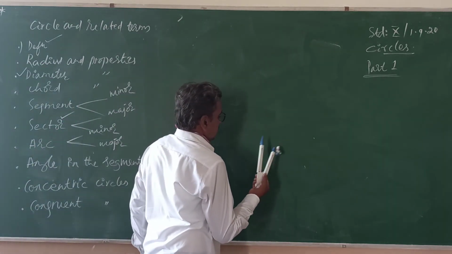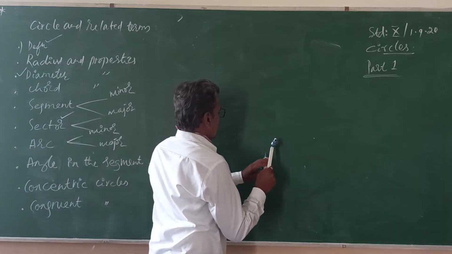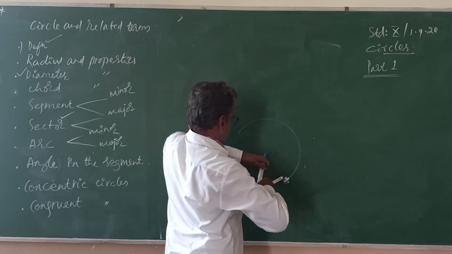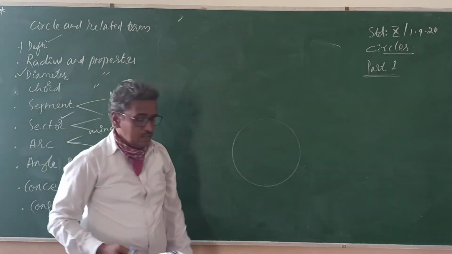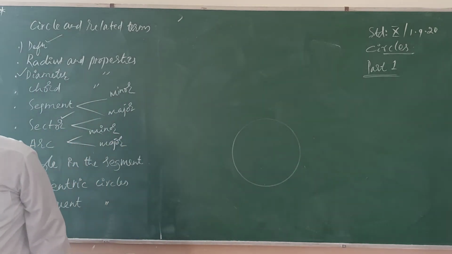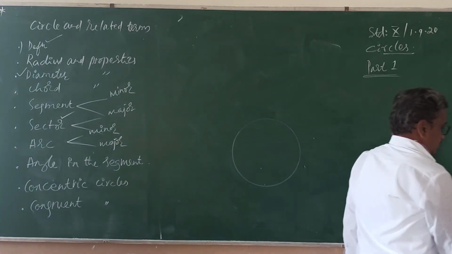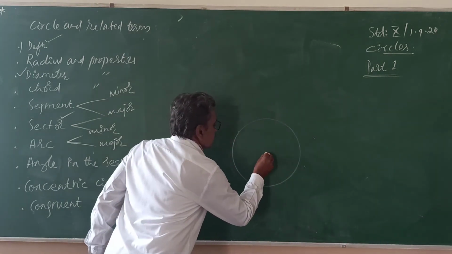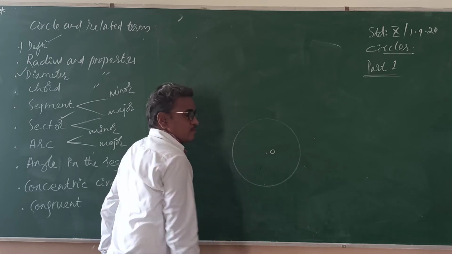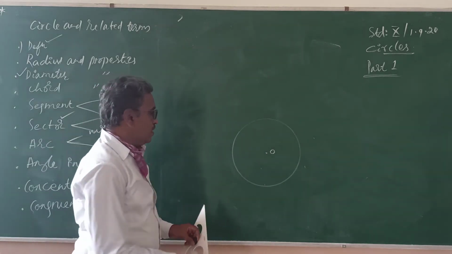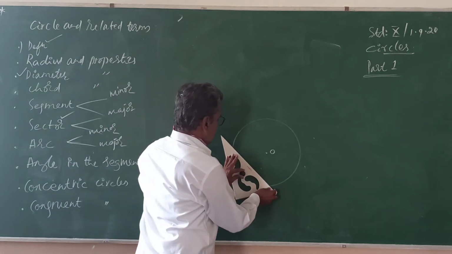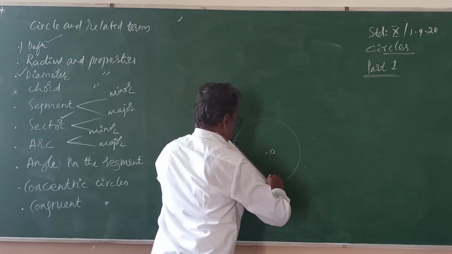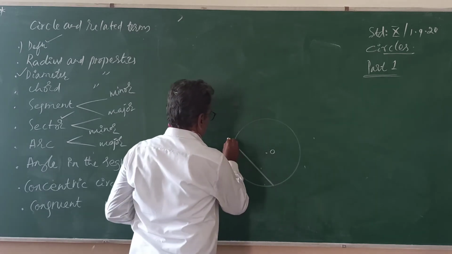A circle is drawn. O is the center of the circle.